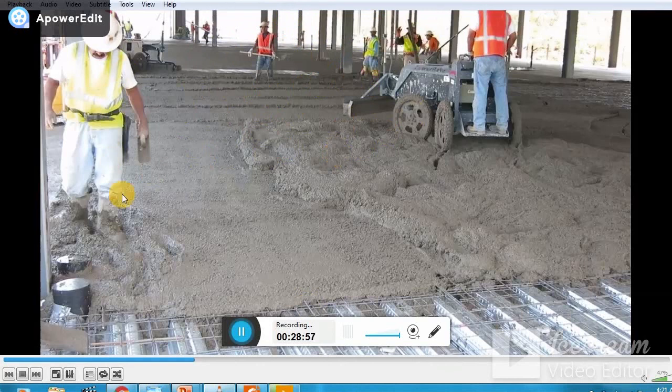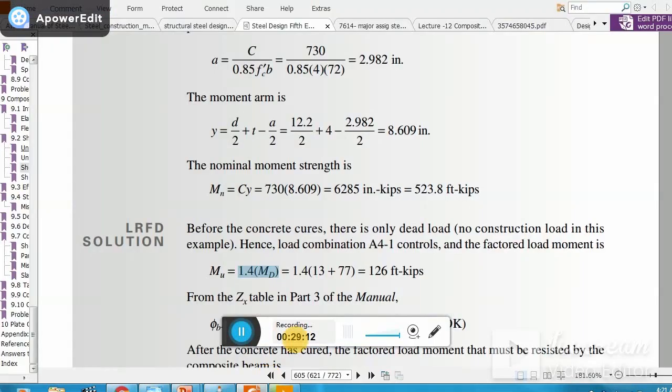When 28 days is completed, after that this floor will be in function. Once the floor is in function, then the live load comes. So here you don't need to consider that live load in the initial stage, but you have to consider the dead load.